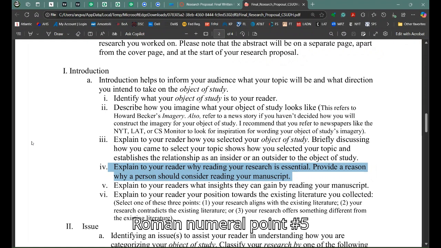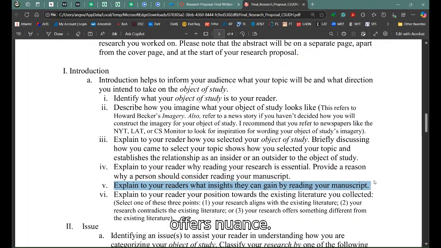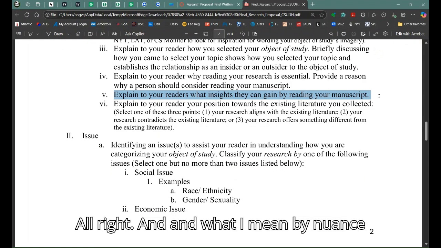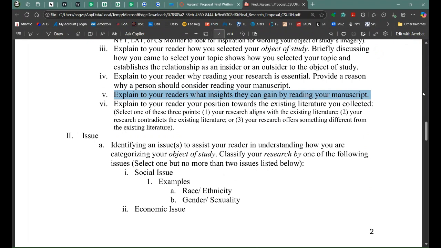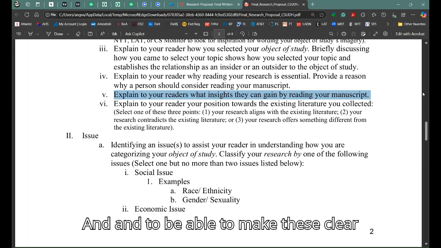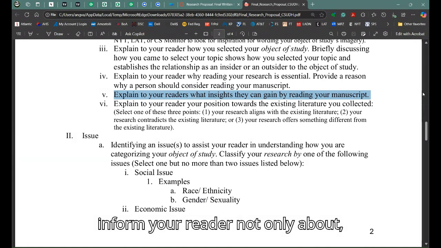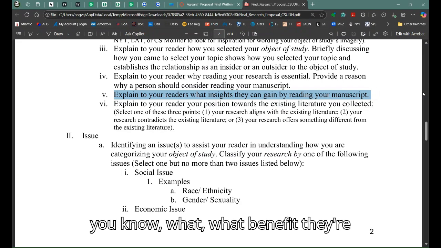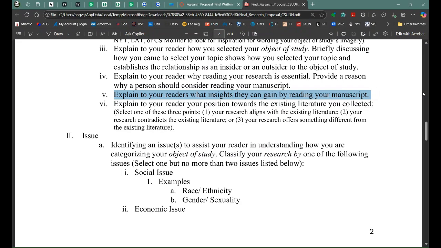Because Roman numeral point number 5 is also closely related, but it offers nuance. What I mean by nuance is that you're able to provide a description and explanation, and to make these clear distinctions, even though they're also related. Points 4 and 5 inform your reader not only about what benefit they're going to get, but also what insights.